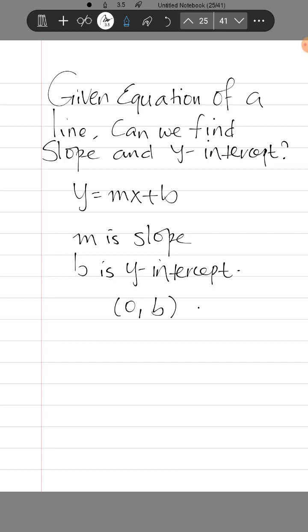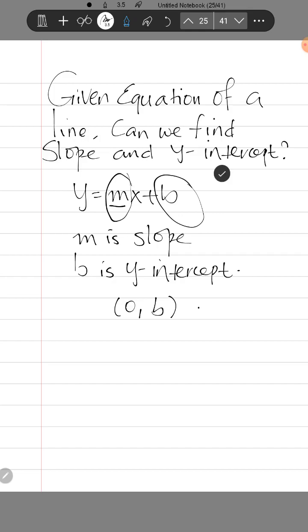Given equation of a line, can we find slope and y-intercept? That is easy. When we are given a line in the form of y is equal to mx plus b, we put it in this form. Then the slope is the coefficient of x here, and the y-intercept is 0 comma b.